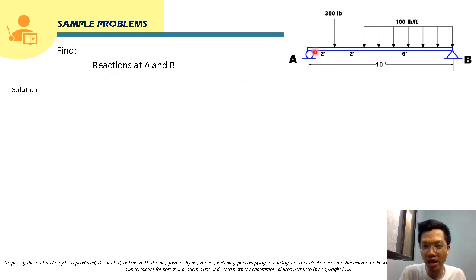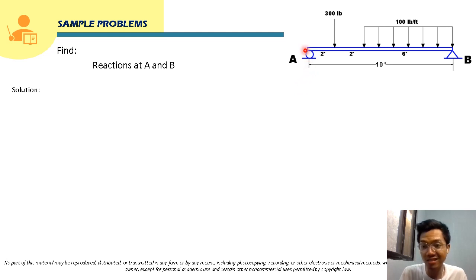At point A, the support here is a roller. So the reaction force that this roller will provide to this beam will be a normal force, perpendicular to this surface. This is a horizontal surface, so the reaction here is just a vertical reaction.